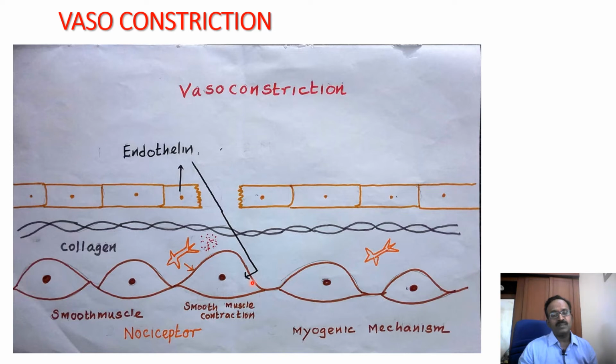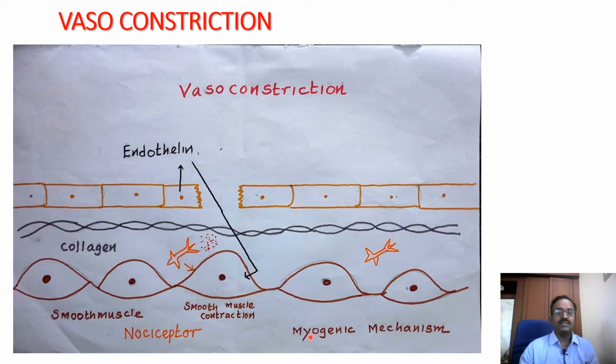Another mechanism is that inflammatory mediators are produced due to the injury. Inflammatory mediators like leukotrienes and histamine act on the nociceptors. These nociceptors produce vasoconstriction of the smooth muscles. Smooth muscle contraction produces vasoconstriction and decreases the loss of blood.